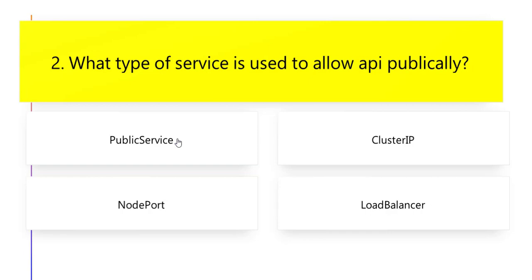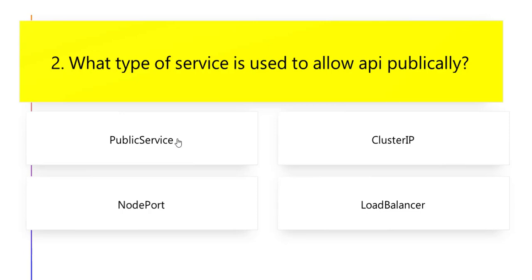What type of service is used to allow API access publicly? If I want to access my service globally on the internet, what type of service should I use? Again, we have four options: number one is public service, number two is ClusterIP, number three is NodePort, and number four is LoadBalancer.